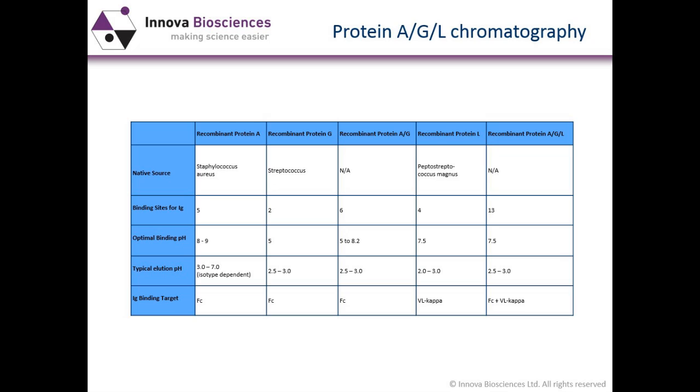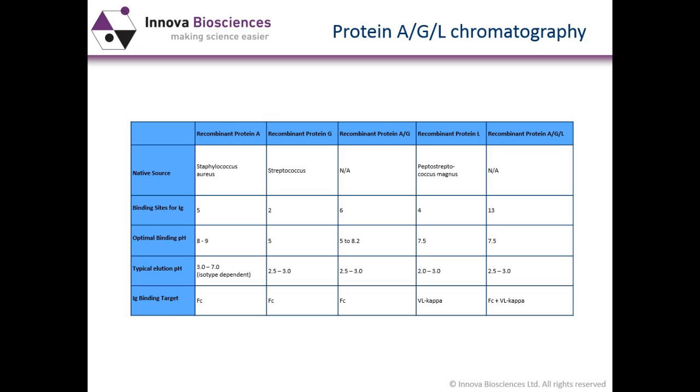It has 5 immunoglobulin binding sites and has an optimal binding pH for immunoglobulin of around about 8 to 9. This means that you can elute antibodies at a range of pHs. Antibodies that bind strongly may need to be eluted at pHs as low as pH 3, but some antibodies can be eluted with a pH actually as high as pH 7. And this is isotype dependent, and it's very useful to know what the isotype of the antibody is that you're purifying.